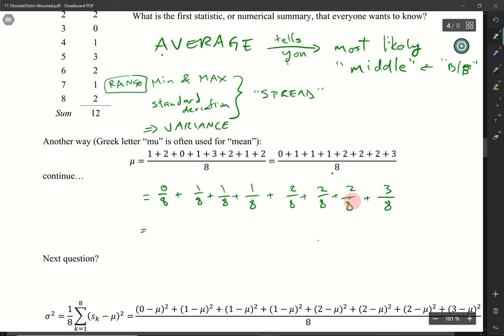Or we could say 0 times 1/8 plus 0 times 0/8, maybe, plus 3 times 1/8, plus, factoring out, 3 times 2/8, plus 1 times 3/8.